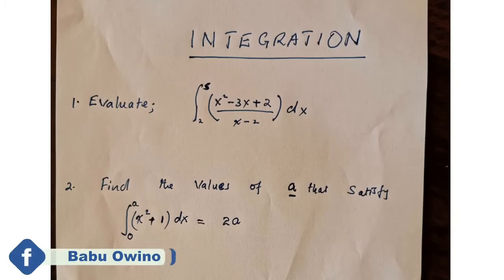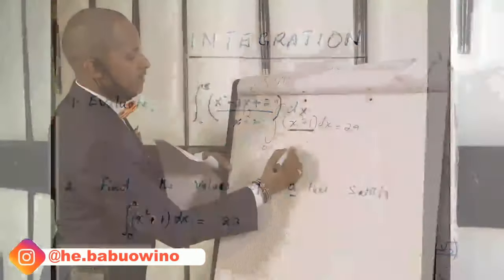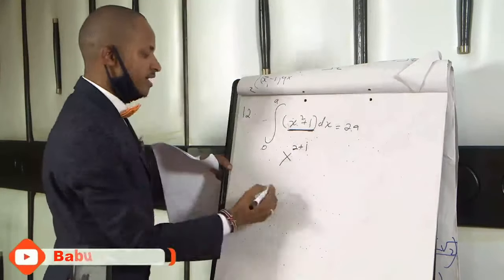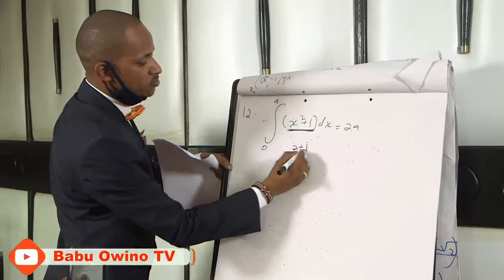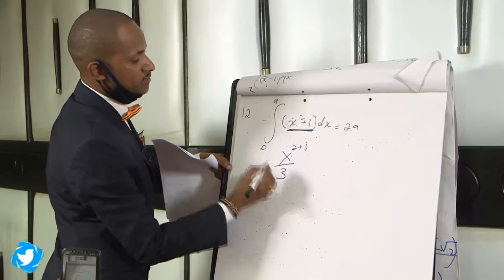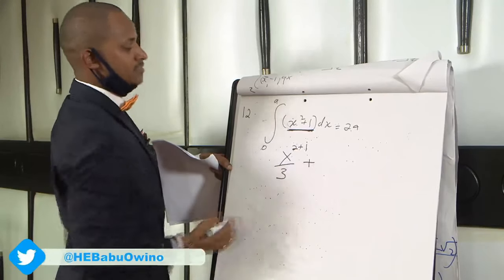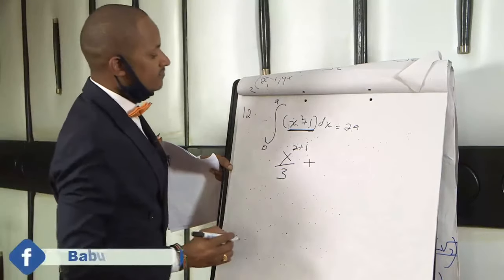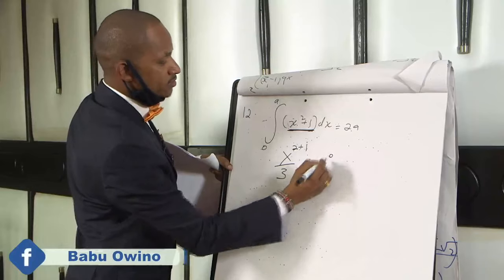So by integrating this, as I told you, you write x, integrate the first part, x squared, add 1 in integration, add 1, then divide by the summation of what you get, which is 3, plus, here we have x raised to power 0.